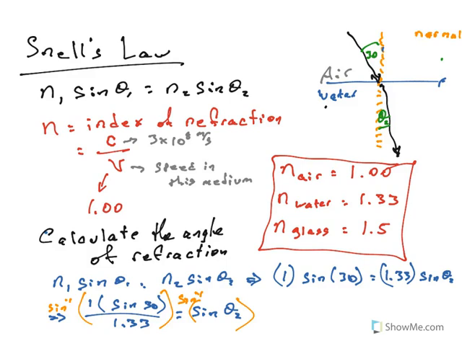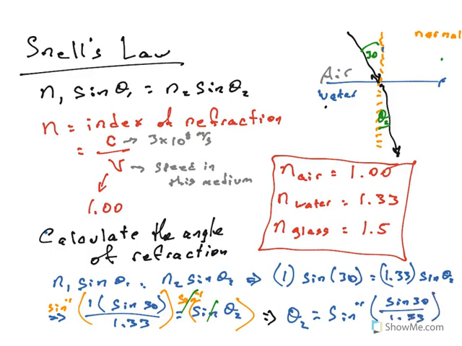And when you do that, the inverse sine cancels the sine, and so you're left with theta 2 equals, and now on the right, we have inverse sine of sine of 30 over 1.33.